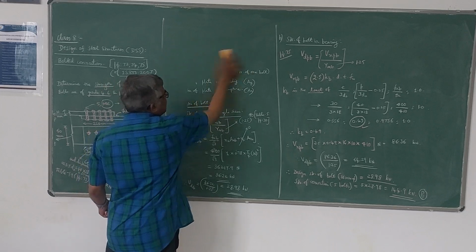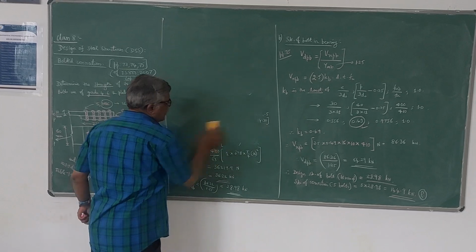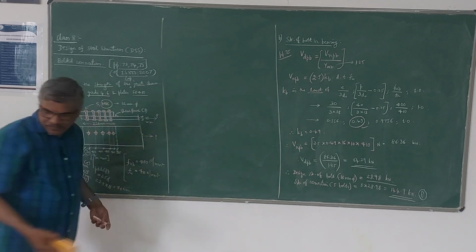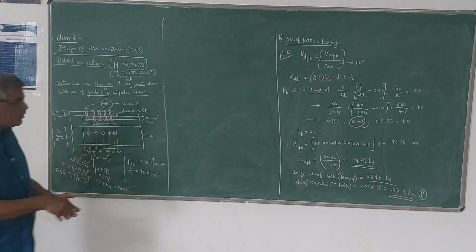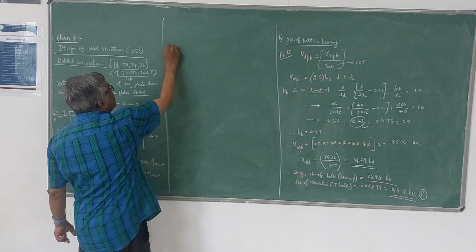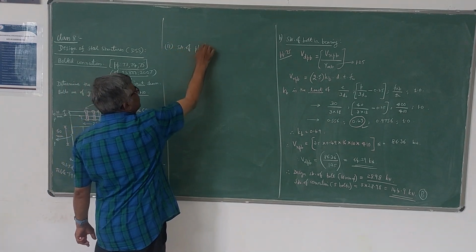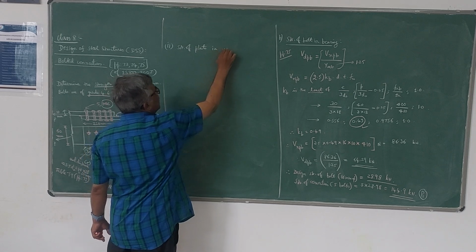Now let us calculate that. The second value is the strength of the plate in yielding.